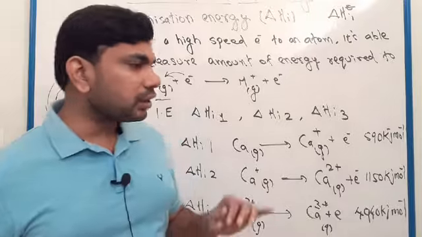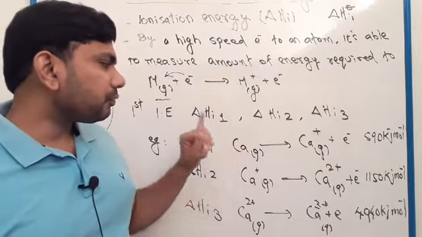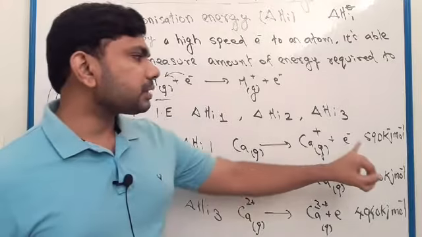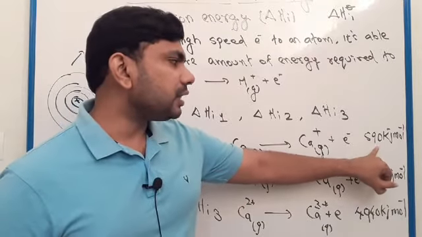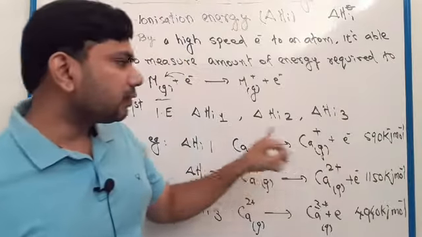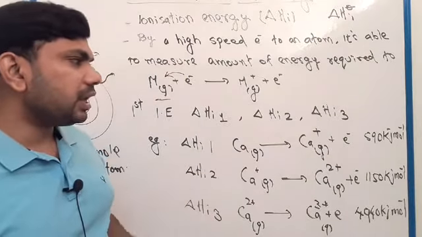The amount of energy required to remove the first outer shell electron from gaseous calcium is 590 kilojoule per mole. So this is the first ionization energy.